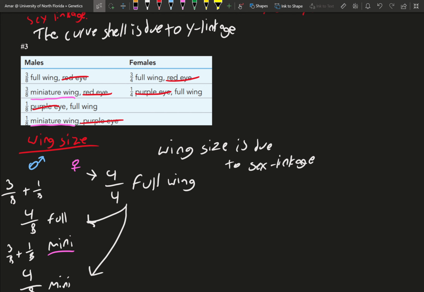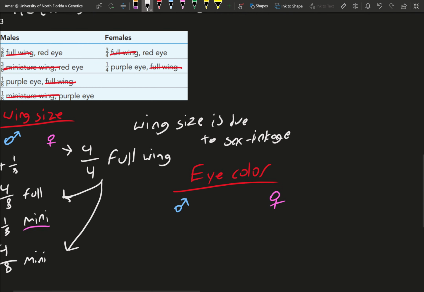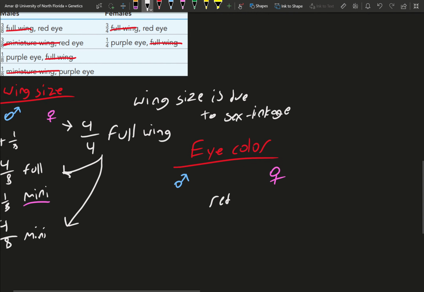And now we're going to do the same thing, but for the eye color. And what you can do on your exam paper is just cross these out to make it less confusing, and get rid of the wing size. Okay, so eye color. The first one is red eye, and the other one is purple.